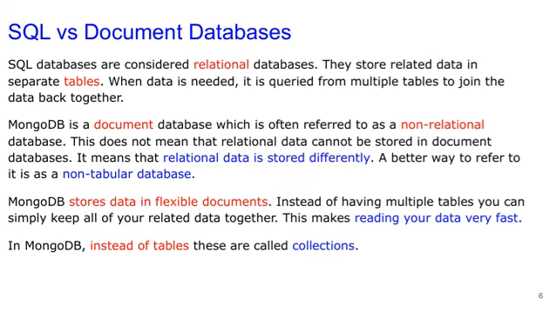This approach has a big advantage. It keeps all related information together in one place, which makes reading data much faster and more efficient. Instead of juggling multiple tables, you just work with one document that contains all the relevant data. And in MongoDB, instead of tables, collections are used to organize your documents.